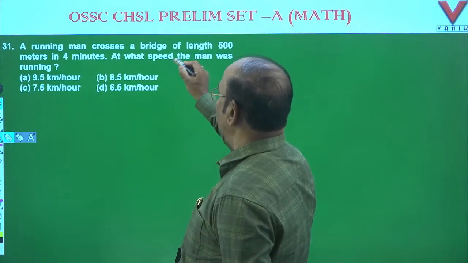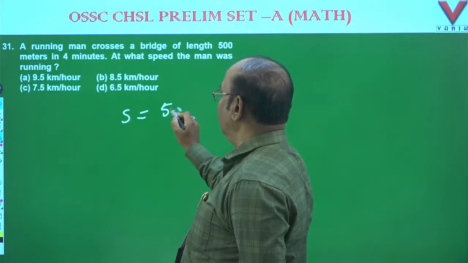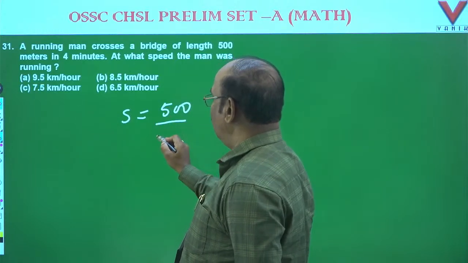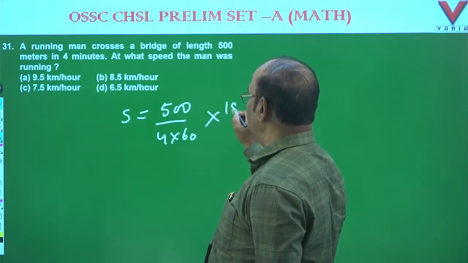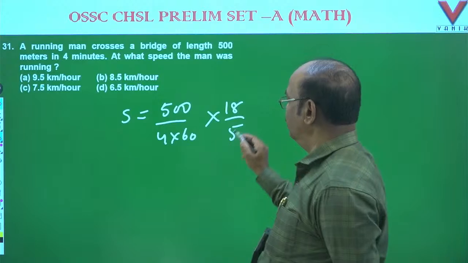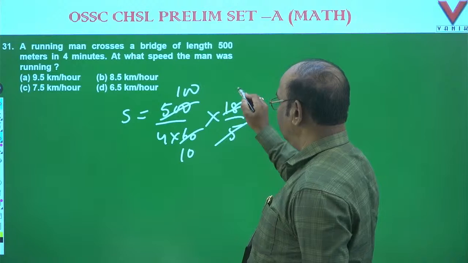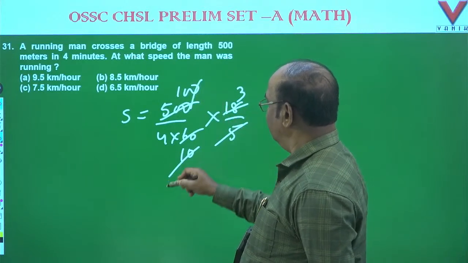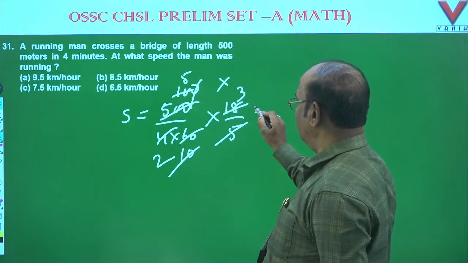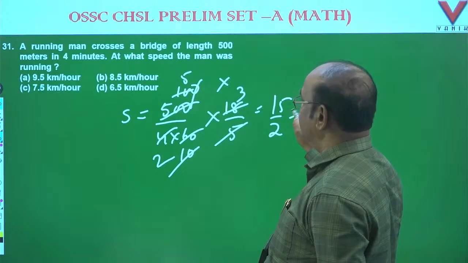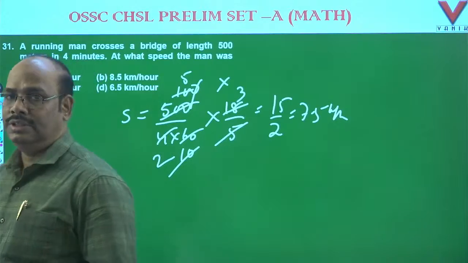Distance is 500 meters, so speed is 500 meters by 4 minutes. Convert the minutes to seconds, 4 into 60, and then convert meters per second to kilometers per hour using 18 by 5. After cancelling, we get 15 by 2, that is 7.5 kilometer per hour. Option is third, option C, the answer.